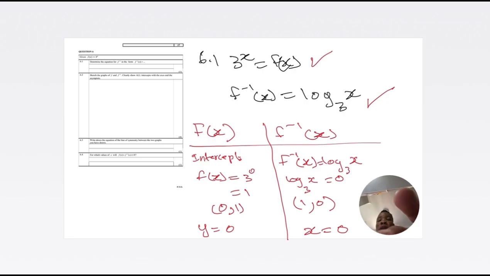Let me plot it in the next page actually. My pencil is not responding correctly. Let me put another thing and see if it's going to work.